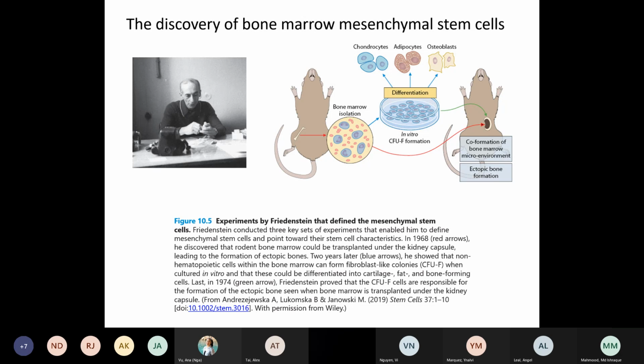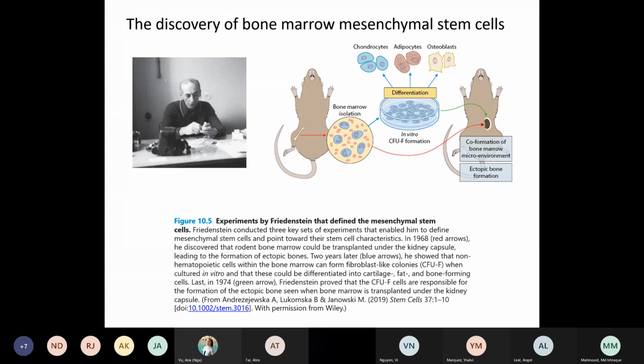Basically, in 1968, he found that if you take the bone marrow and transplant it to a rodent kidney, to be precise, under the kidney capsule, bone formation happens there. Under the capsule of the kidney, you start to observe something hard. Bones are developed within. So what's going on?